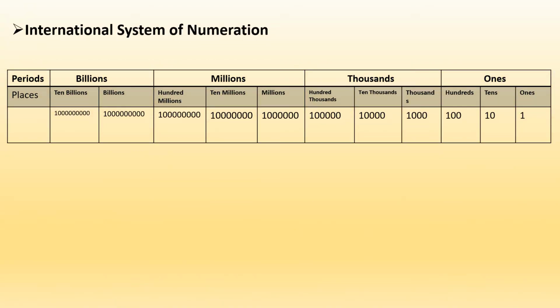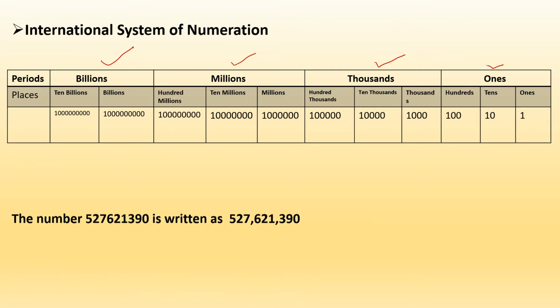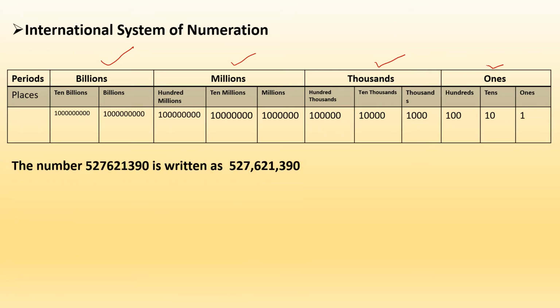In the international system of numeration, you have the periods, as I said: ones period, thousands period, millions period and billions period. Okay, so let us look into the same example, the same number, 527621390. If you are asked to write this particular number in the international system of numeration, how will you do it?